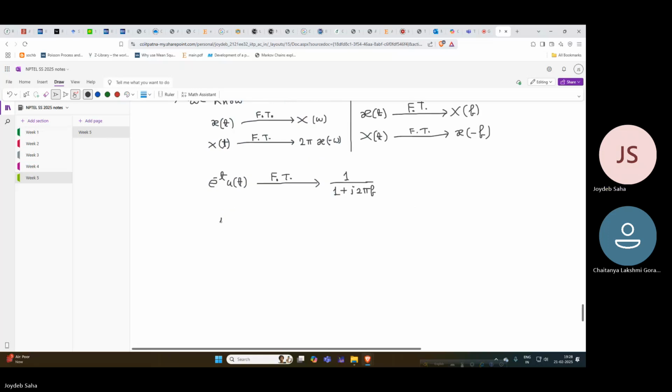So 1 upon 1 plus j 2 pi t, its Fourier transform will be e to the power f u of minus f.